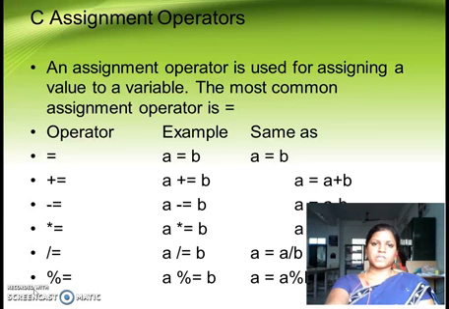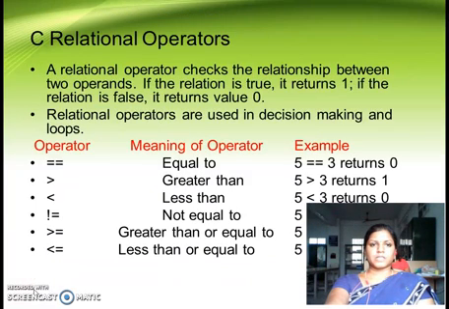The most common assignment operator is equal to, A equal to B, plus equal to, minus equal to. These are examples of C assignment operators. And C relational operators are equal to, greater than, less than, not equal to. Everything is included in the C relational operators. Thank you.